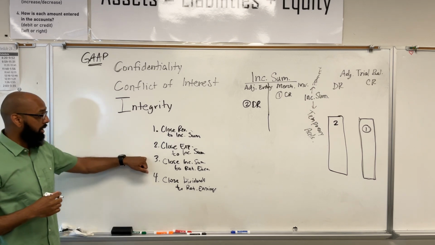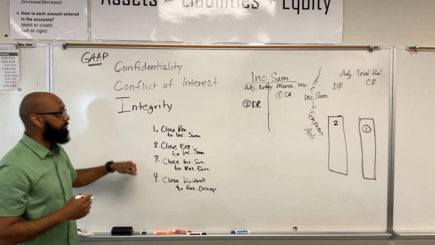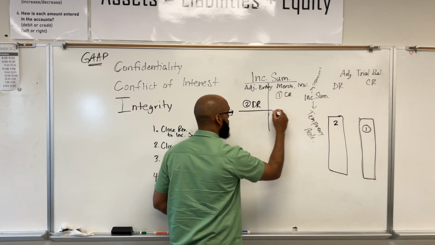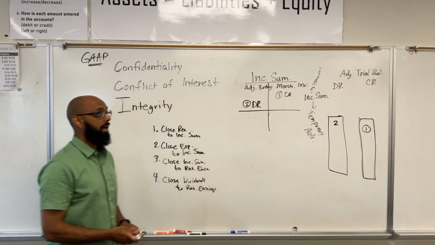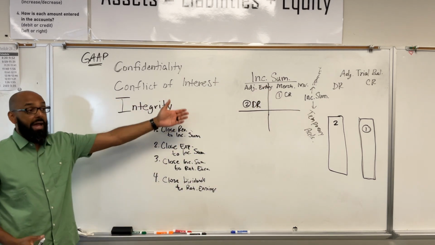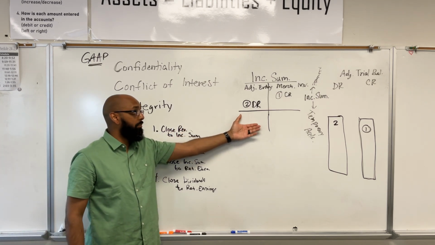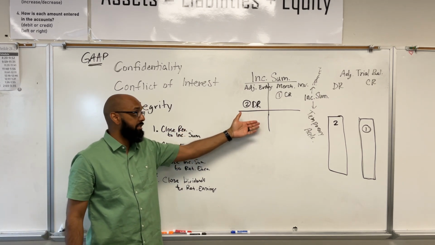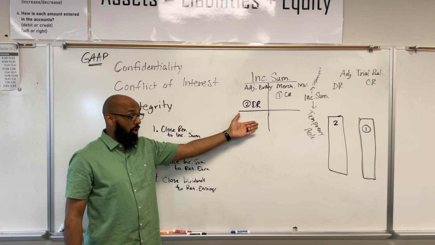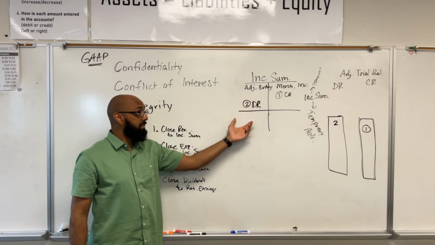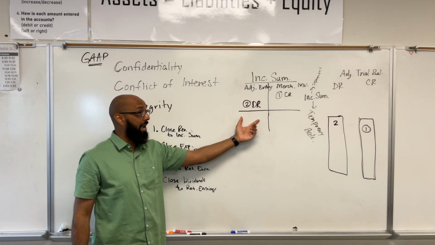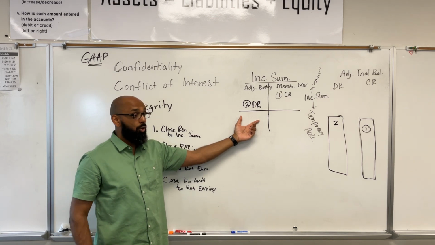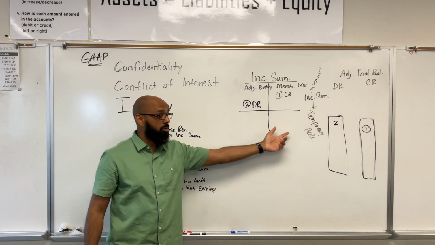And then your third closing journal entry is going to figure out, what's the balance of my income summary account? Based on the balance of your income summary account at that point, you want to set this back to zero. So if the debit side is heavier and you have a debit balance for income summary, in order to set it to zero, you're going to need to credit it.